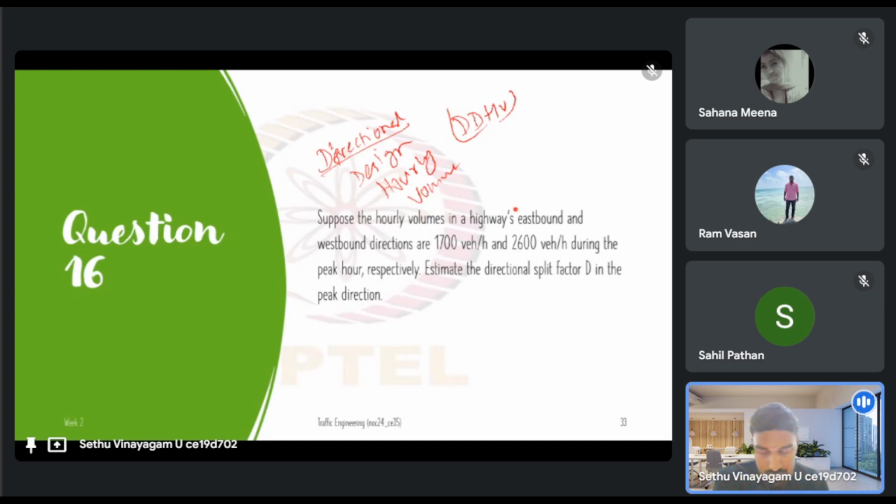For estimating that, that's where we use the D factor. So how is that defined? DDHV is basically AADT times D times K, right? This is the annual average daily traffic. This annual average daily traffic does not differentiate between the different directions, right? When you have two directions, this annual average daily traffic contains both.